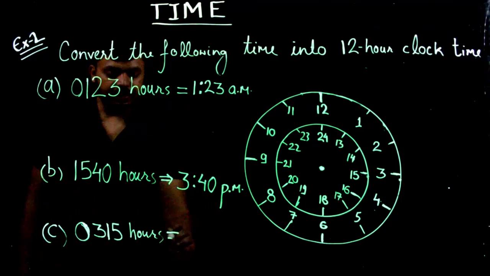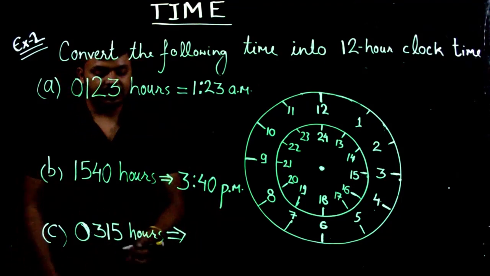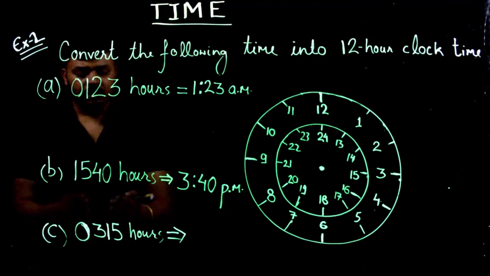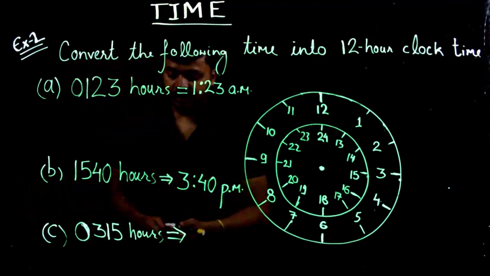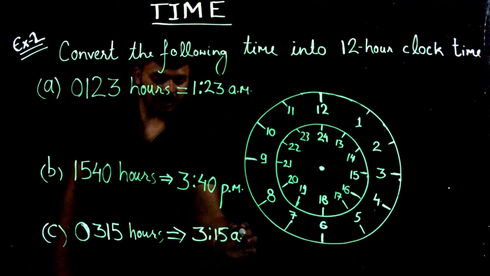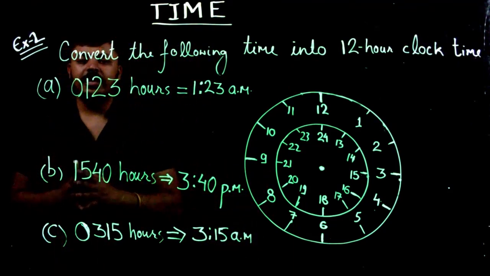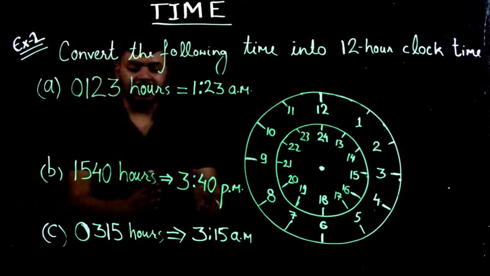Now similarly, let's look at our C part, 0315 hours. Since it is less than 1200 hours, it would be AM and we can write it as 3:15 AM. So I hope students you have understood the time after 1200 hours has to be mentioned in PM.